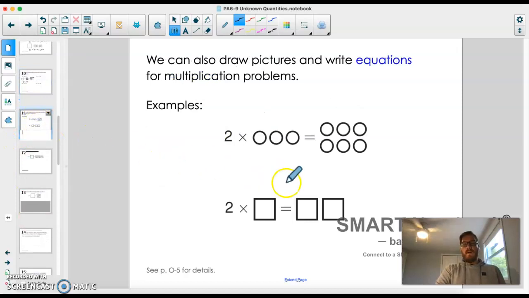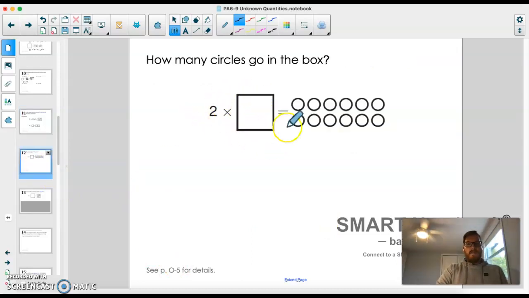So we can also draw pictures and write equations for multiplication problems. So you have 2 times 3, right, which would equal 6. So you'd have 2 times an unknown, which would equal 2 unknowns. And then we're thinking about how many circles go in the box.